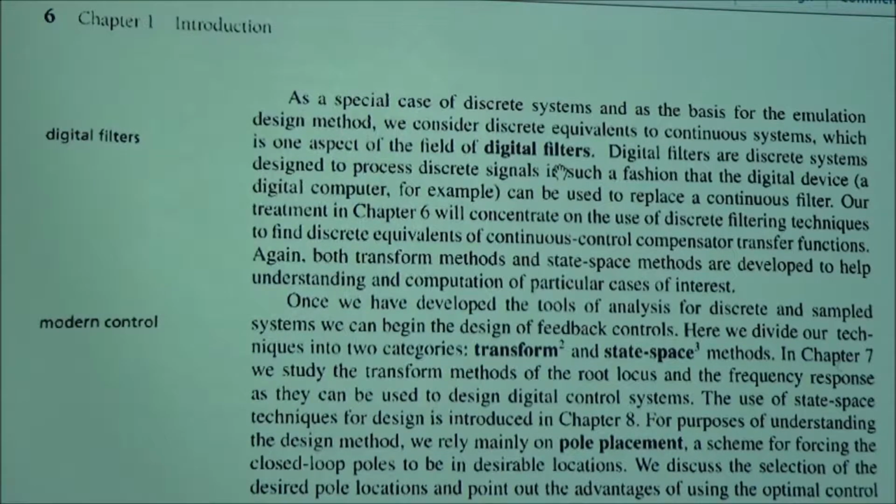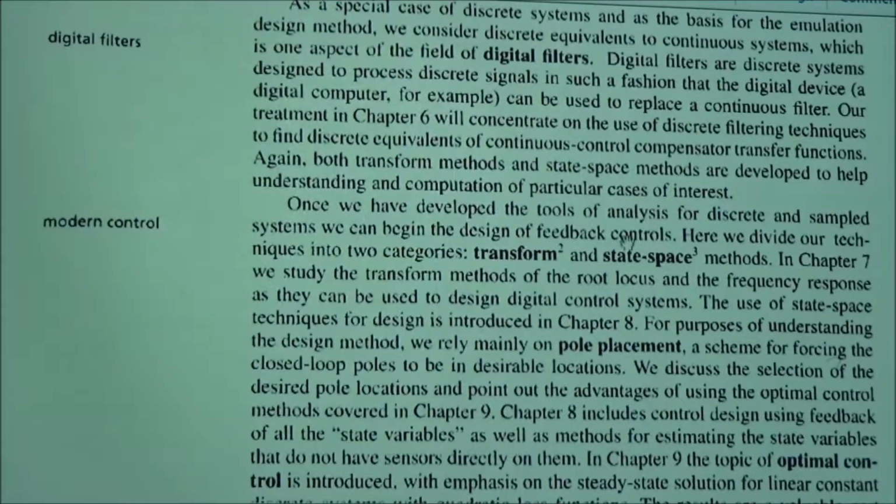And what you learn in this course is also very much applicable to a digital filter. And in modern control theory, we will have a state space approach, and we have a transform approach for Laplace or Z transform, and we will have a state space representation of a plant.